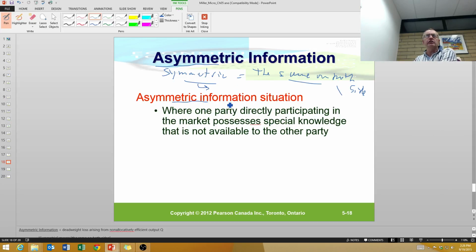And so in that kind of situation, one party might be able to take advantage of the extra information that it has, and it can lead to a deadweight loss and a point of non-allocative efficiency on the production possibilities curve.